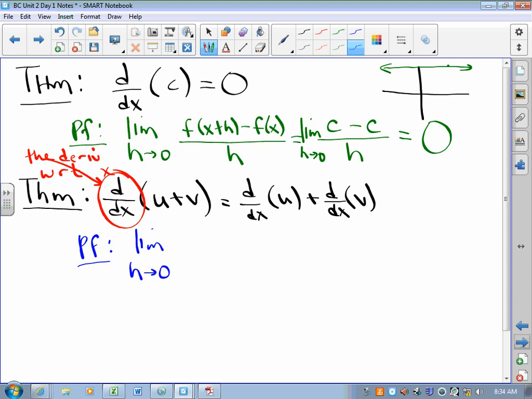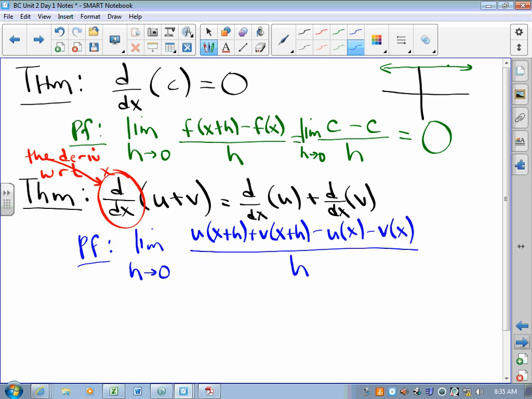Limit as h approaches 0 of f of x plus h minus f of x over h. Again, we take the thing at x plus h minus the thing at x and divide by h.